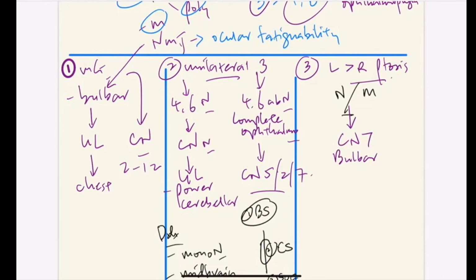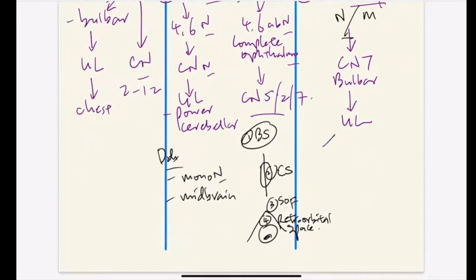After you have finished the cranial nerve examination, then you examine the upper limb, mainly looking for weakness, especially proximal weakness or areflexia, which will differentiate whether this is myopathy or neuropathy.